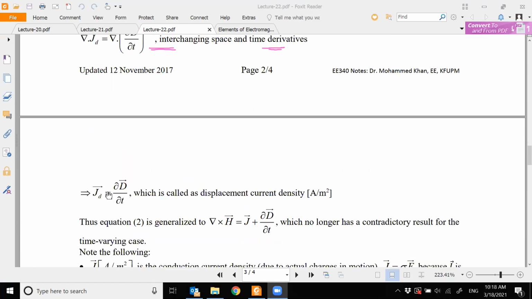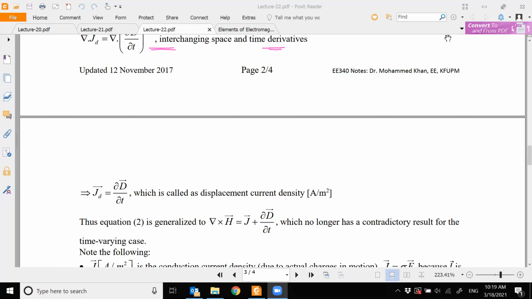And therefore, to satisfy both the time varying case as well as the time independent case, my introduced vector JD bar must be equal to dou D bar over dou t.